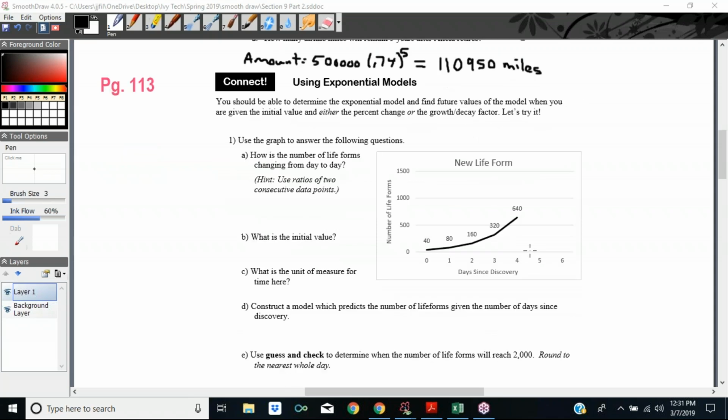So, all right. It says use the graph to answer the following questions. How is the number of life forms changing from day to day? And we want to be specific about this. So we look at this graph and it says new life form. Number of life forms is along the side and days since discovery is along the bottom. So from one day to the next, what's happening to the number of life forms?